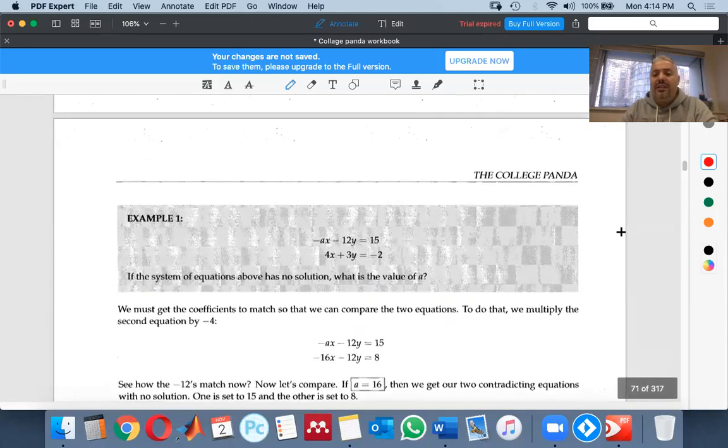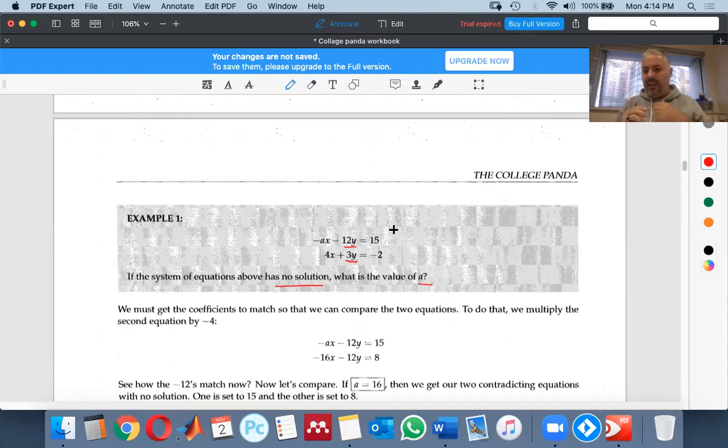Good. Now, first example. This is a good question. If the system of equations has no solution, what is a? To have no solution, left side must be almost the same and right side must be different. So when I look at the left side, here it says 3 times y, here 12 times y. What is the relation between 12 and 3?